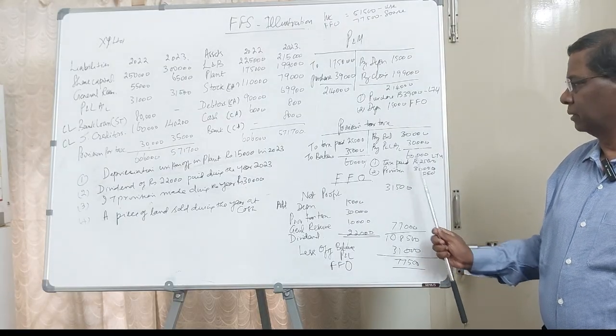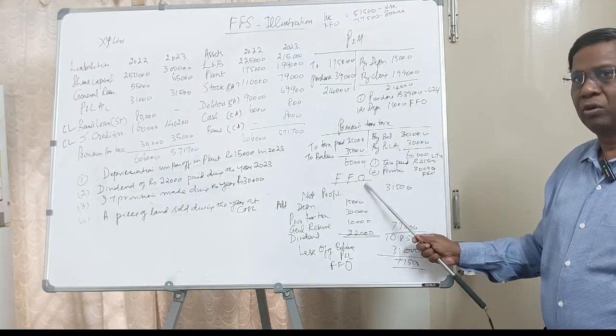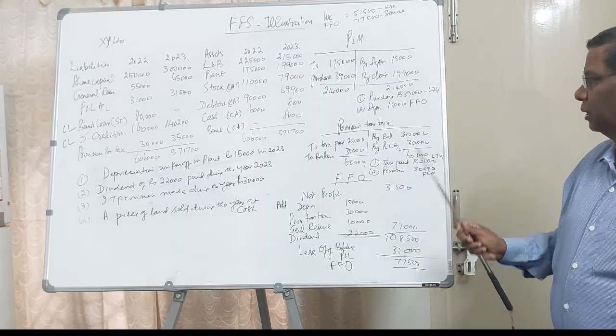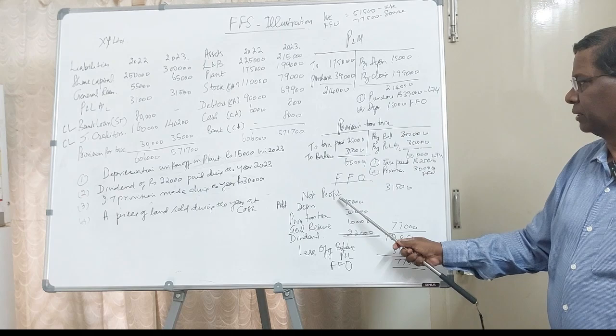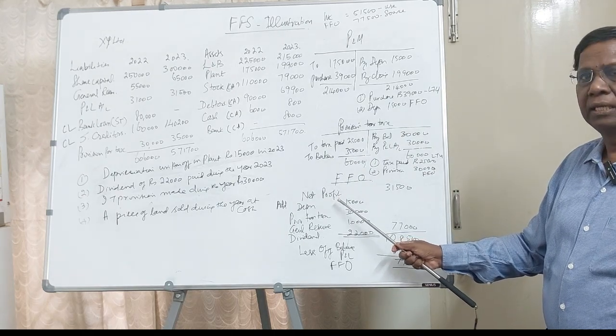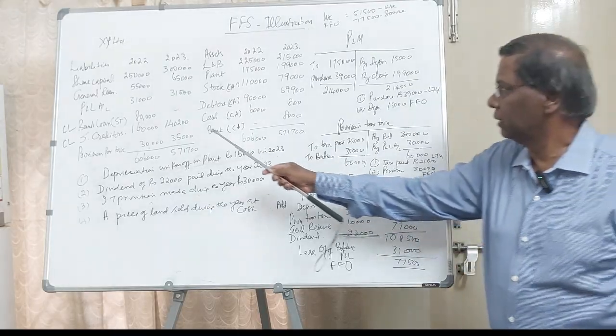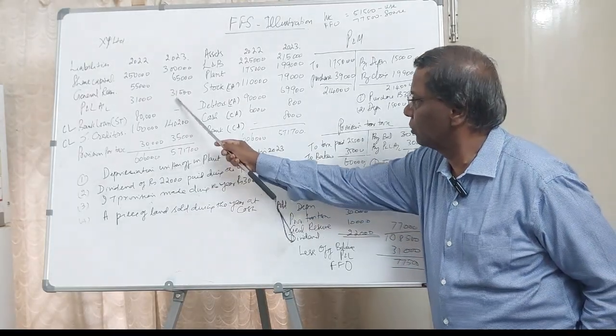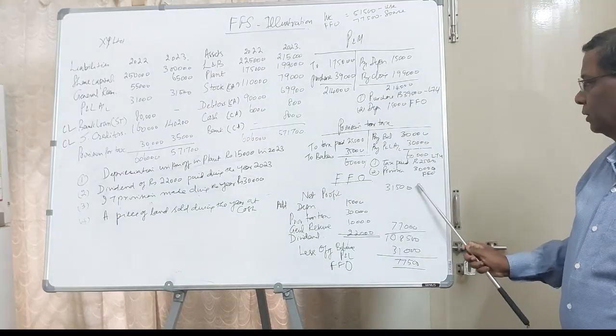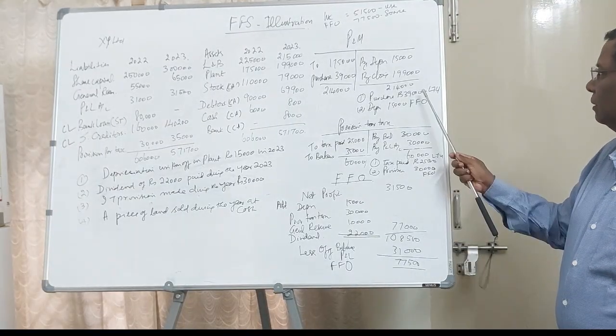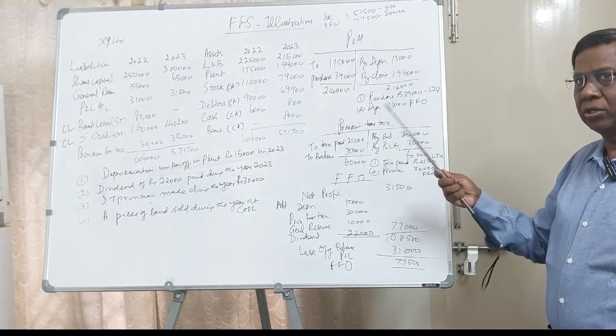Now you understood this. Then we will find out the funds from operations. Simple thing. We have to open the closing balance of the profit and loss account. What is the closing balance here? Profit and loss 31,500 is the closing balance. Depreciation 15,000, you have to add back as a non-cash item.